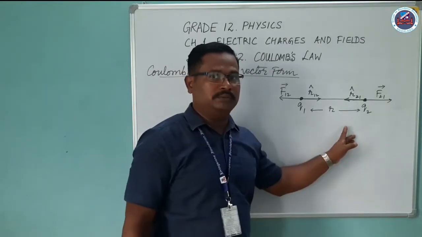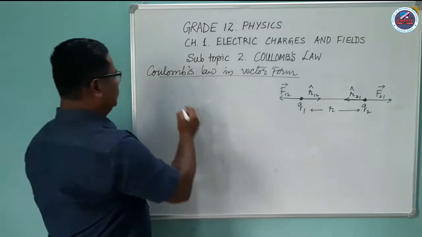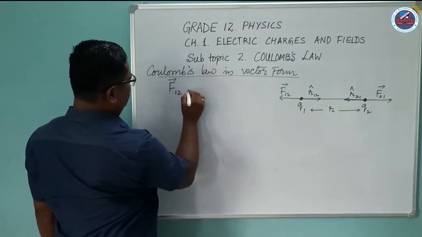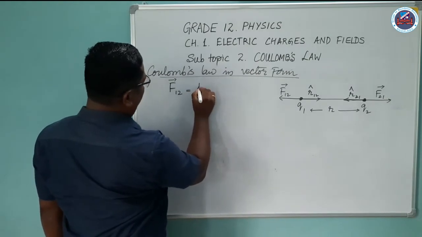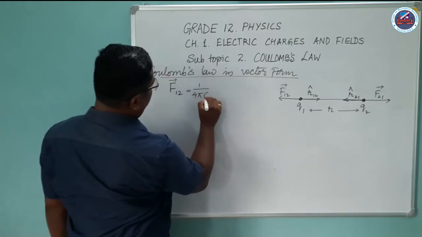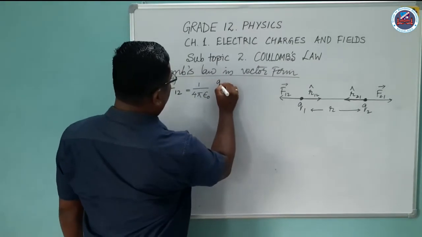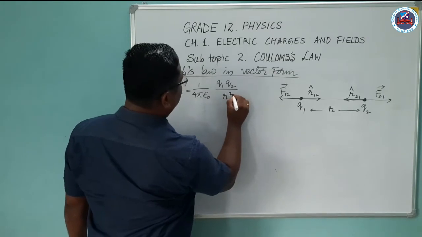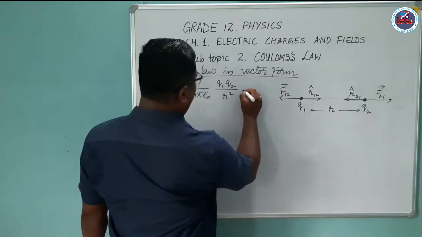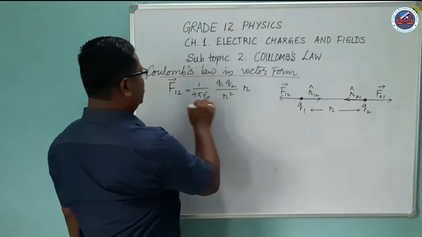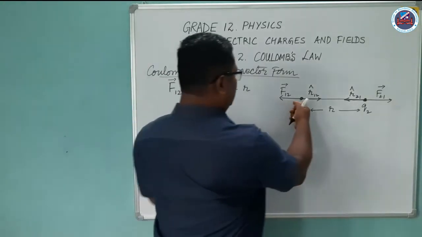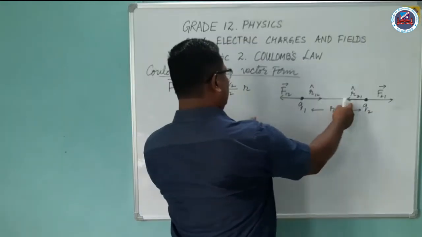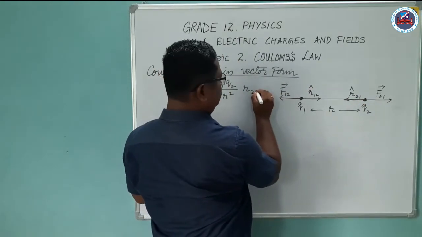Now if I use Coulomb's law in vector form, I can write force experienced by the first body due to the second body is 1 by 4 pi epsilon naught Q1 Q2 divided by R square, and then we have to put the unit vector. See here, F12 and this unit vector are pointing in the same direction, so we'll take R21.